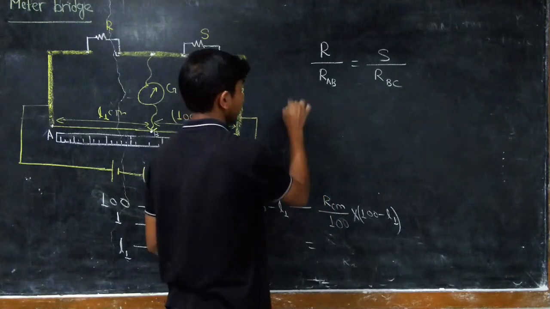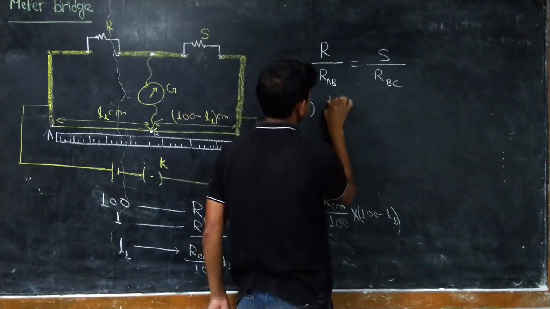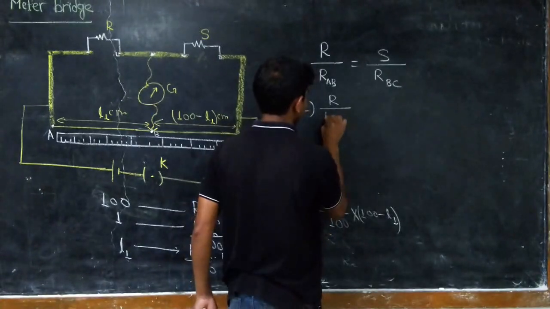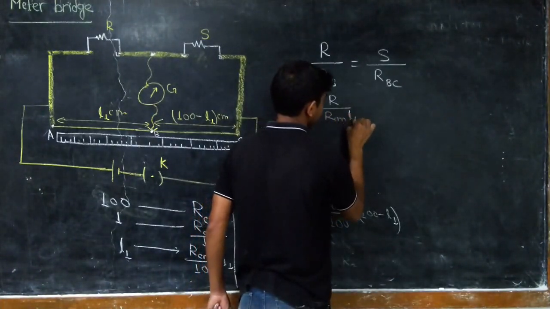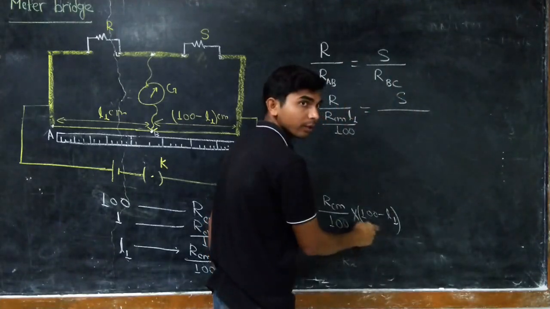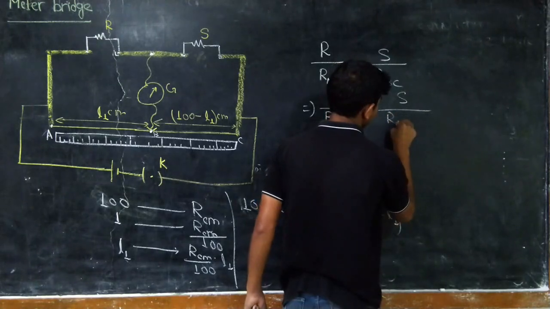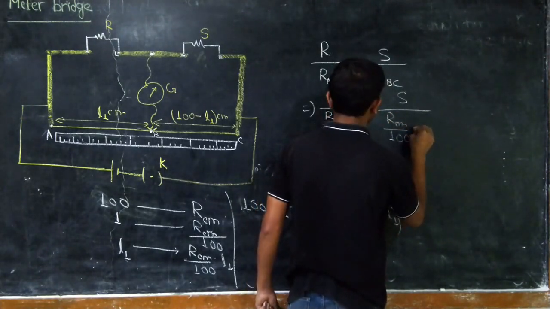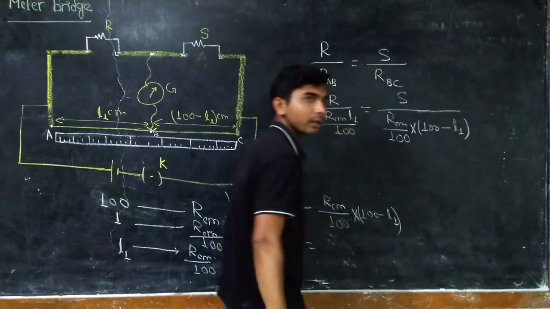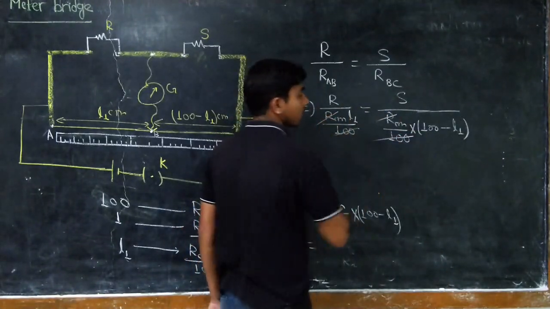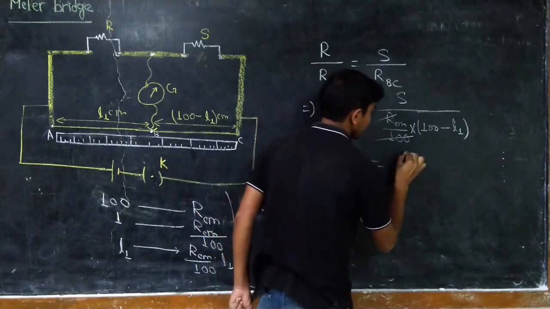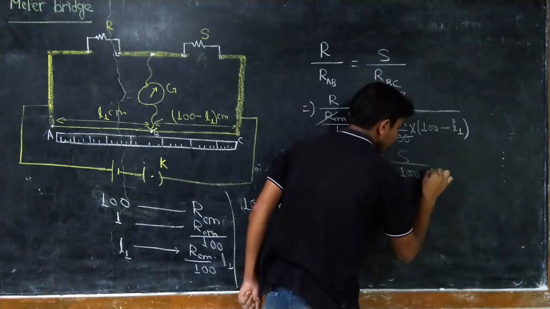We will substitute these values here. So further we can write R by R_AB, where R_AB is R_cm by 100 into L1, is equal to S by R_BC, which is R_cm by 100 into 100 minus L1. The R_cm cancels and the 100 cancels, so the value coming is R by L1 is equal to S by 100 minus L1.